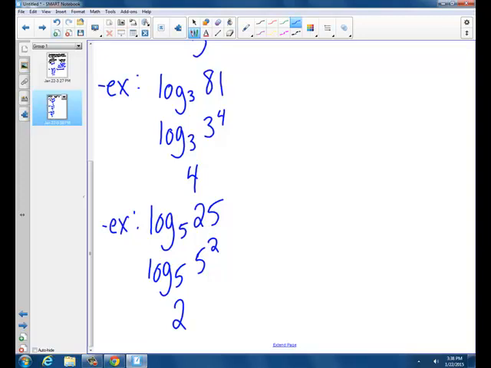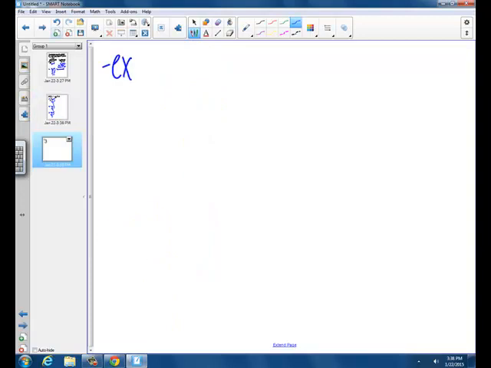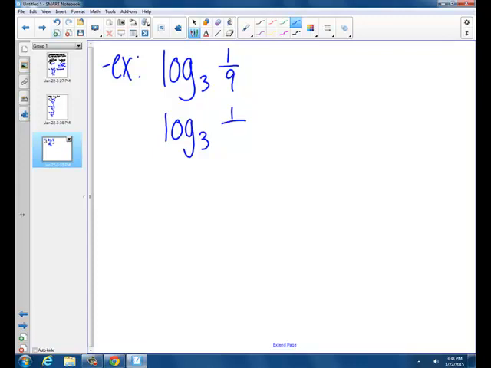Let's do 2 more. These ones are a little trickier. Log base 3 of 1/9. I could do this a few ways, but I think the easiest way is to turn this into 3 to some power. So before I do anything, I'm going to rewrite 9 as 3 squared.